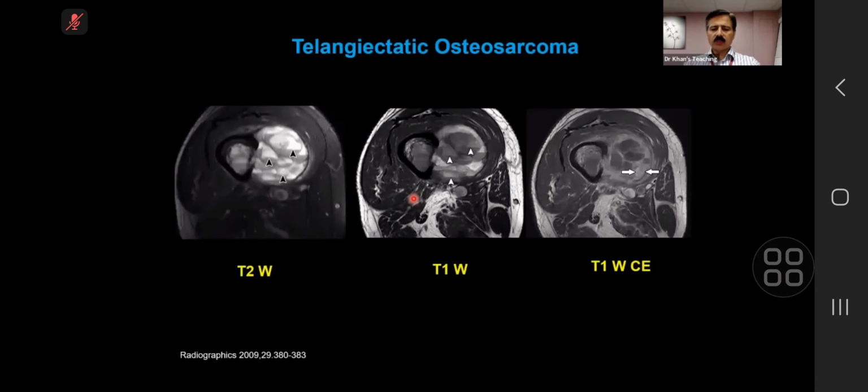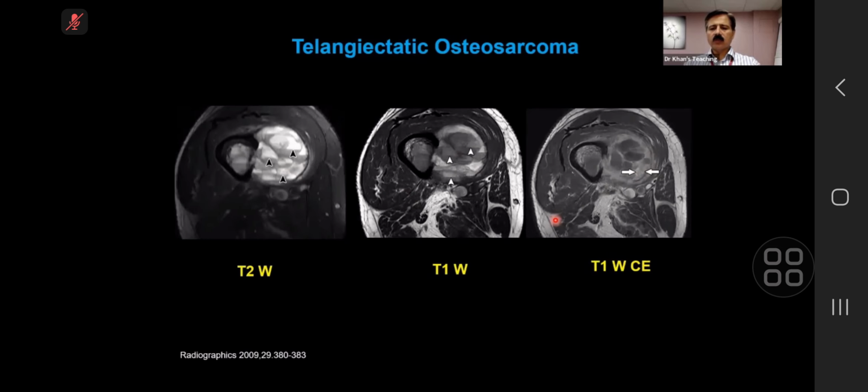This is from literature. It tells you in telangiectatic osteosarcoma, you can again get a lot of fluid levels, but there is some soft tissue. In Royal National Orthopedic Hospital, they have some criteria to diagnose an aneurysmal bone cyst on MR. More than 75% of the lesion must have fluid levels.